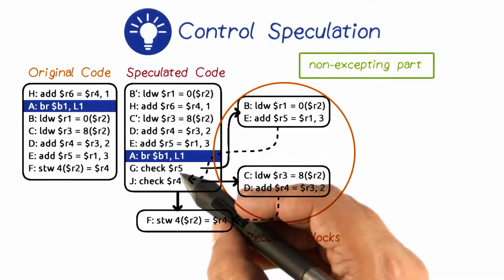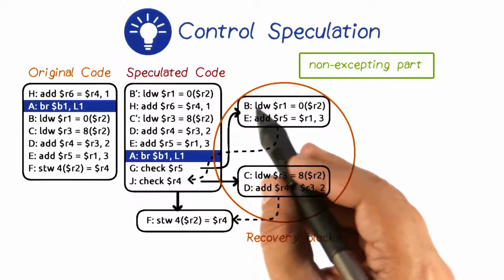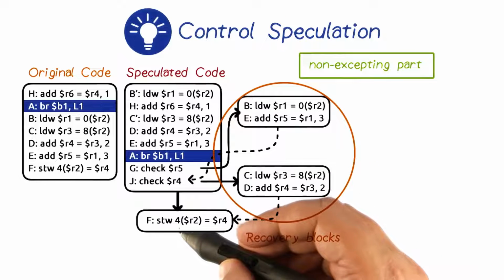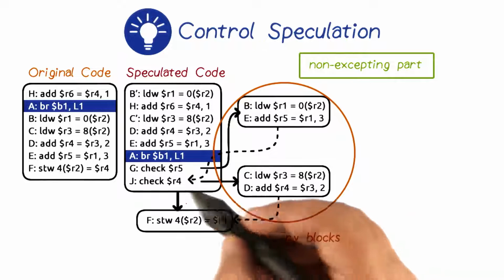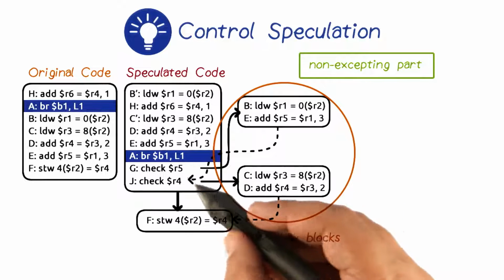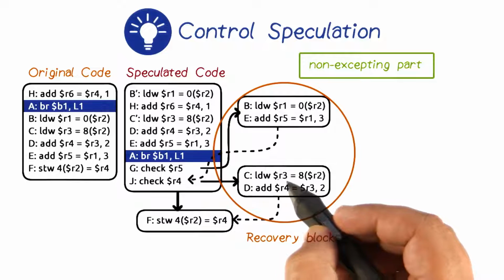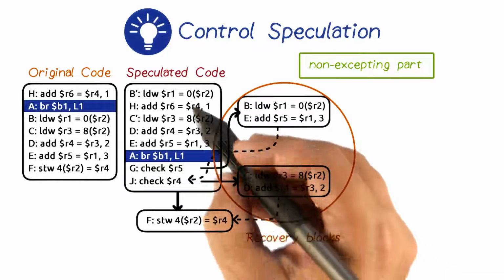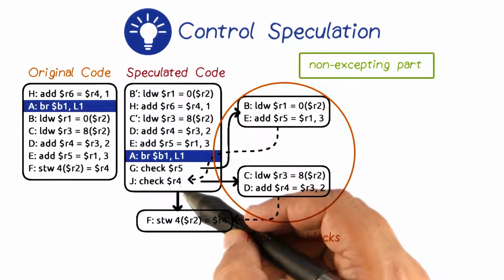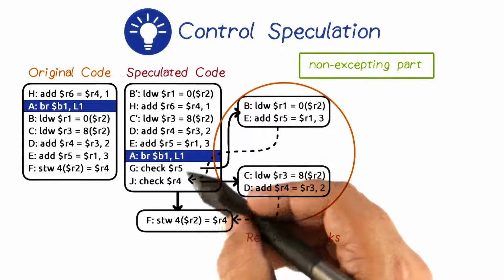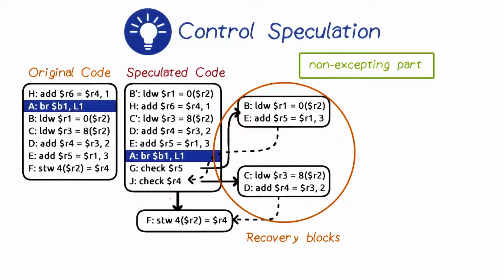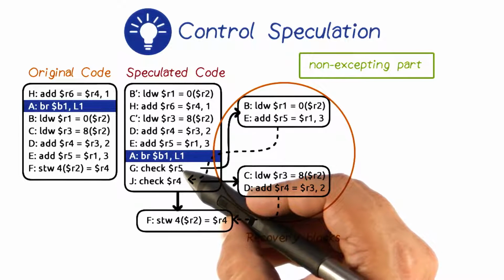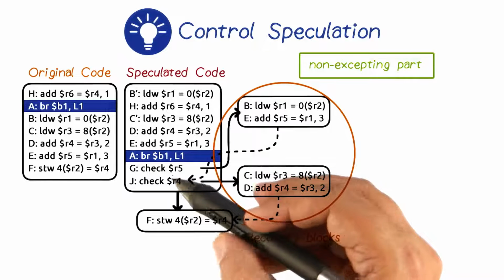So for example, if the checks fail on R5, we'll go here, re-execute this, the control flow will come back here and we'll resume the execution. If the check on R4 is also failing, then we'll go here, execute the recovery block and come over here. However, if the checks are all correct, there is no exception, we'll just keep going down. So you can see that the common case when the checks do not fail is simply a straight line execution, executing as though nothing has happened.